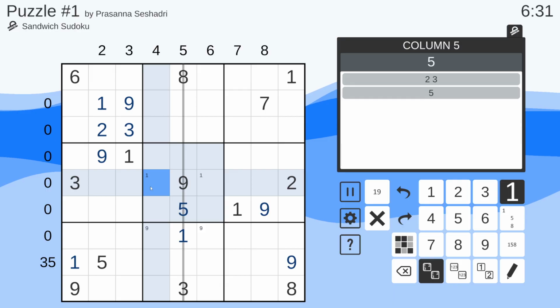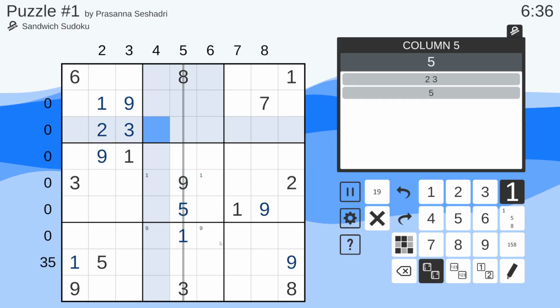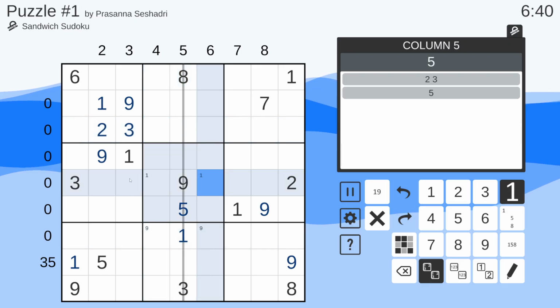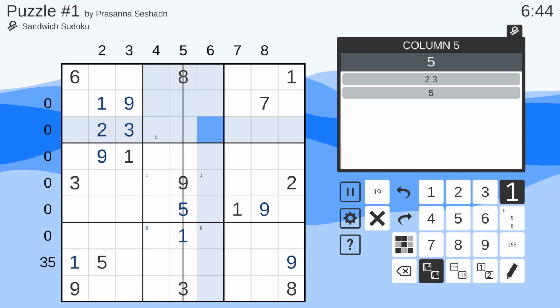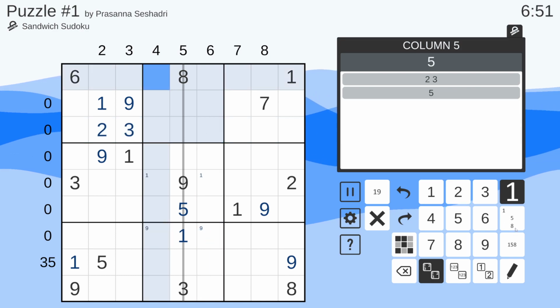If this is 1 and we put a 9 here, then the 9 for this box has to go here, and then we can't put another 1. Okay, so that's impossible. So 9 is not in either one of these boxes. So 9 is up here for sure.